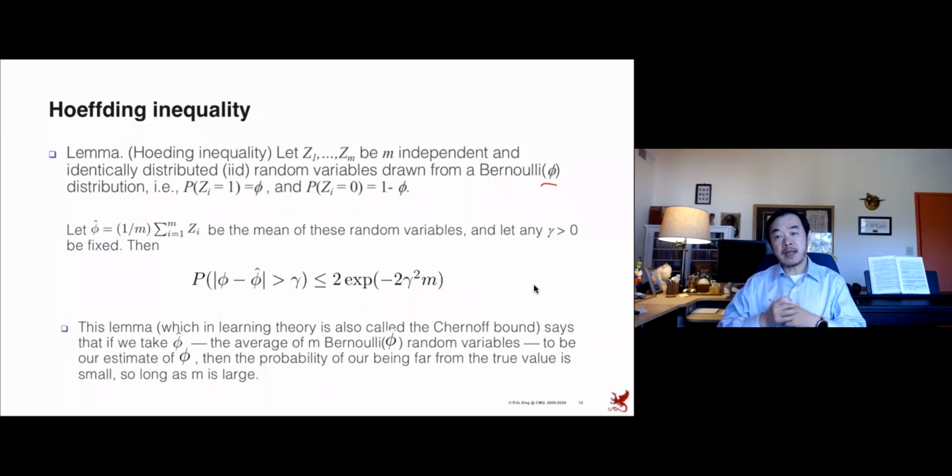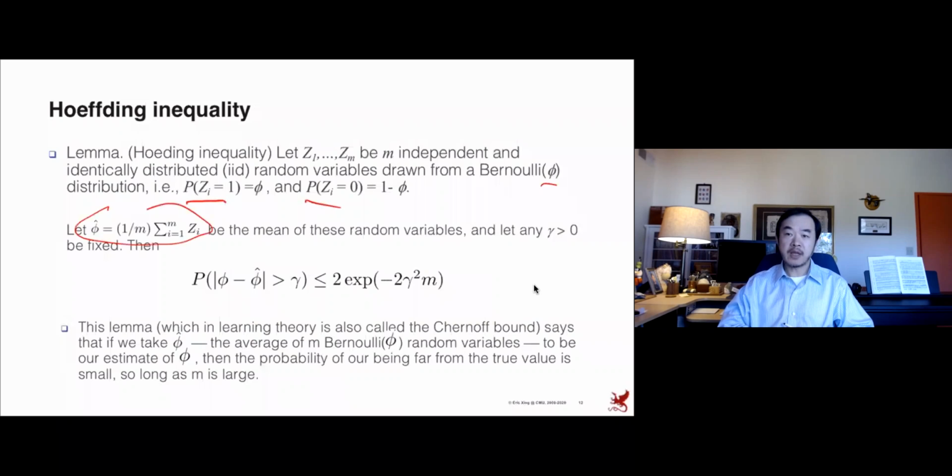The true phi may be unknown to you, but after you toss a few coins, or after you try a binary classifier on some examples, you can compute the outcome of the binary events. That allows you to compute a sample estimate of phi.